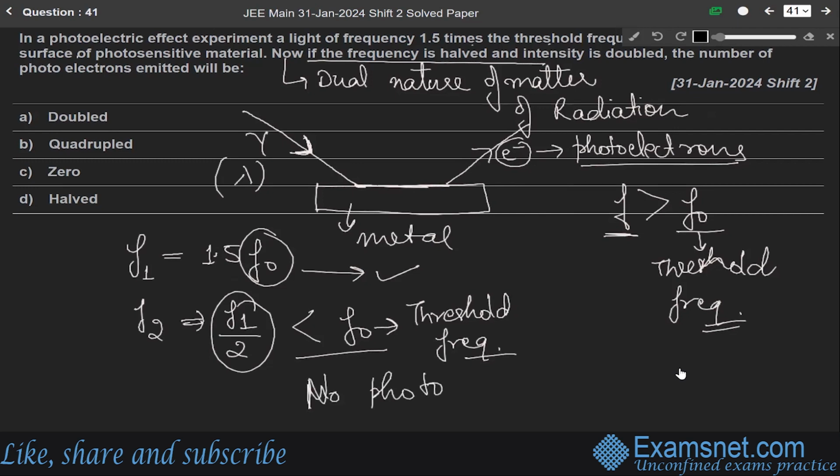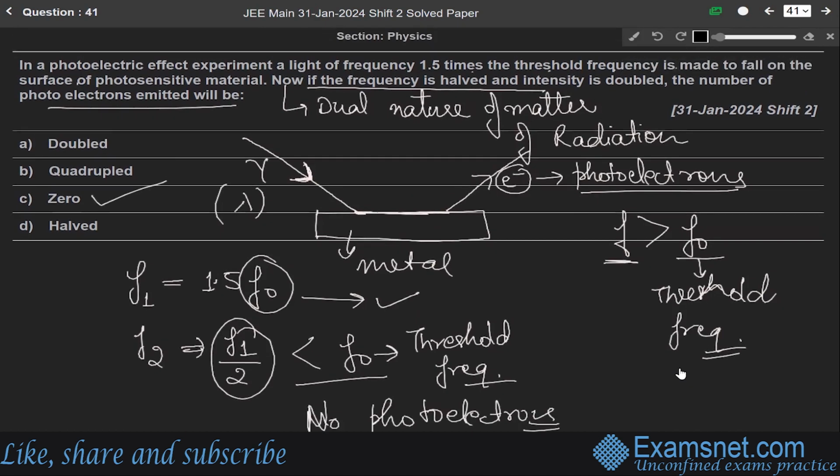So the number of photoelectrons emitted will be 0. So the correct option is 0. For the photoelectrons to be emitted from the surface of the metal, it is a necessary condition that the frequency of the incident light must be greater than the threshold frequency. Only then the electrons are emitted from the surface of the metal.